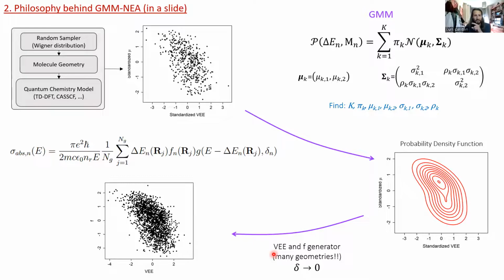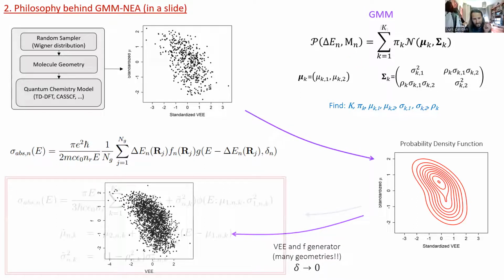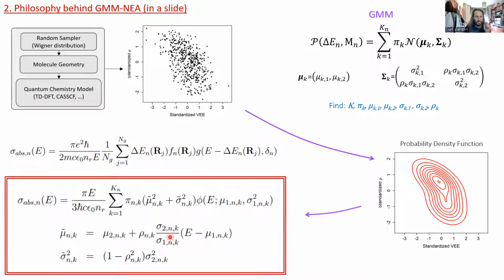But it turns out that you can modify this expression mathematically so that it depends on this probability density function. Then you can transform it even further, and you end up arriving at a new expression for the absorption spectrum that depends only on the parameters of the Gaussian mixture model. Indeed, the original expression depends on the empirical broadening, but our new expression does not.